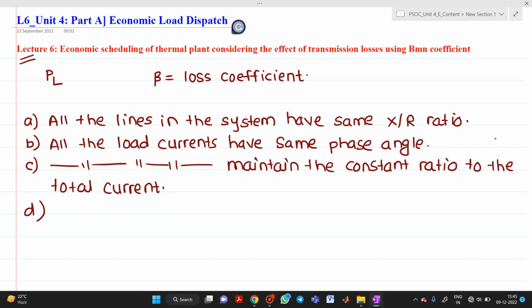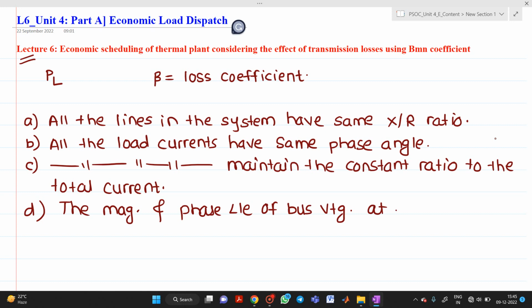The next assumption is that the magnitude and phase angle of the bus voltage at each station, or you can say at each bus, remains constant.